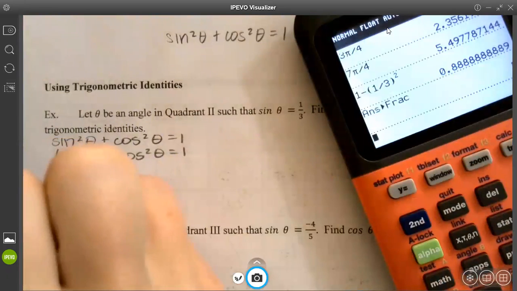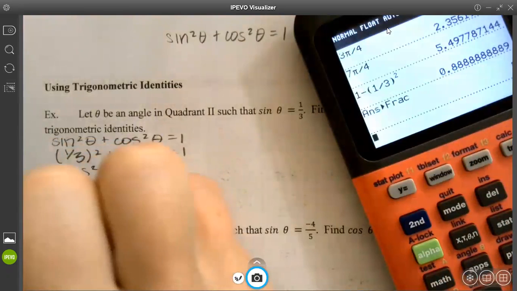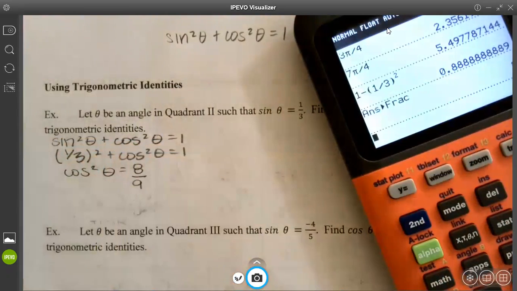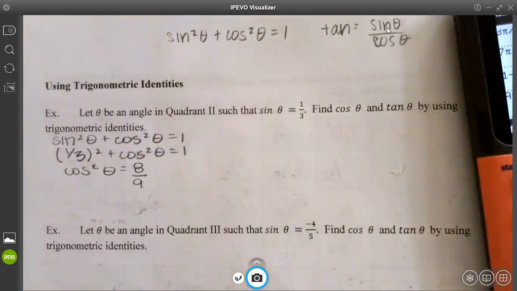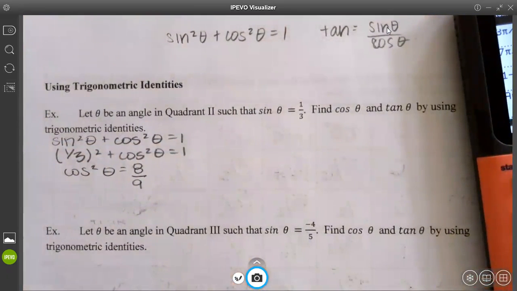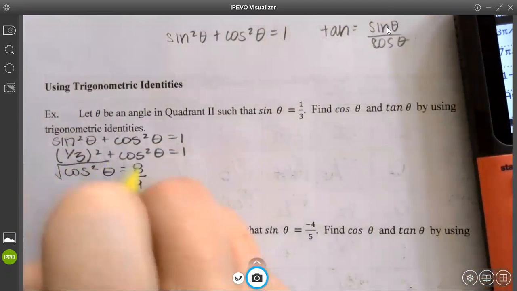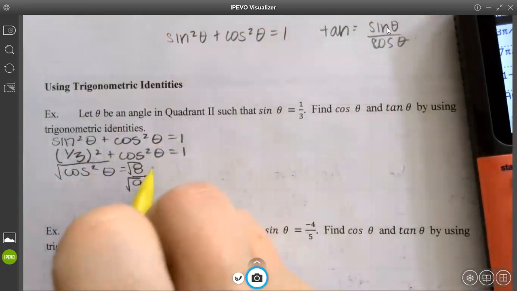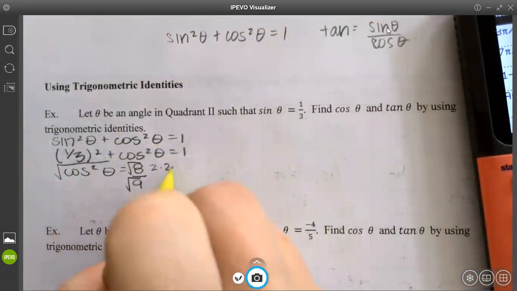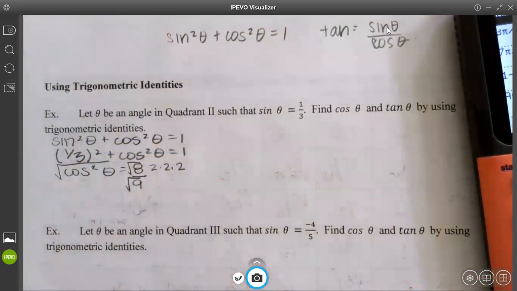So we have cosine squared theta. I would put it in fraction form, equals 8/9. And then how do I solve for just cosine? When you square root a fraction, you square root the top and the bottom. Remember to simplify, we're gonna break it down. 8 is 2 times 2 times 2.